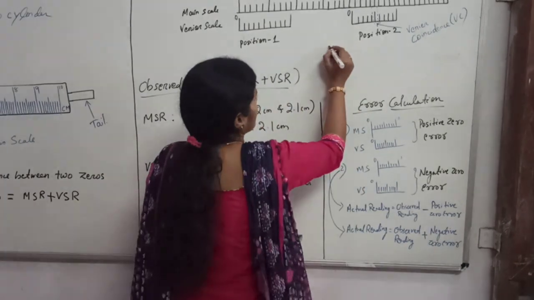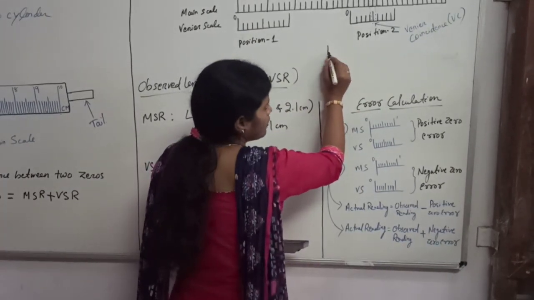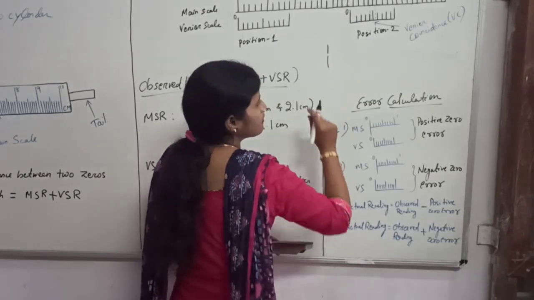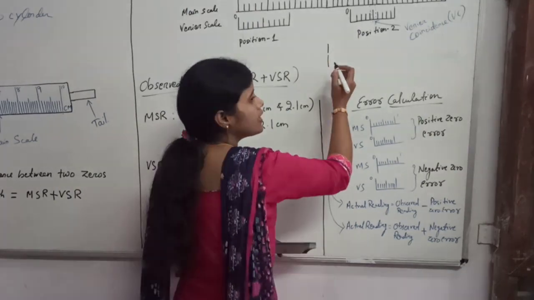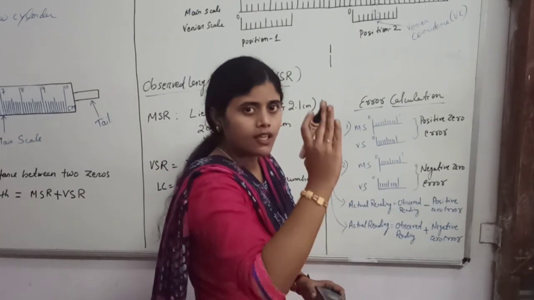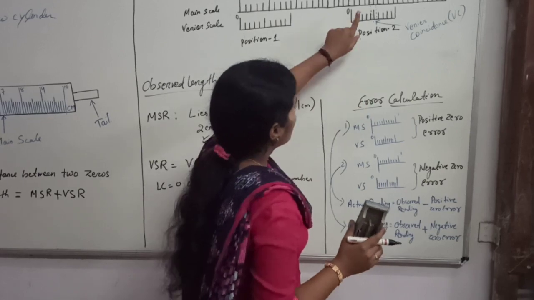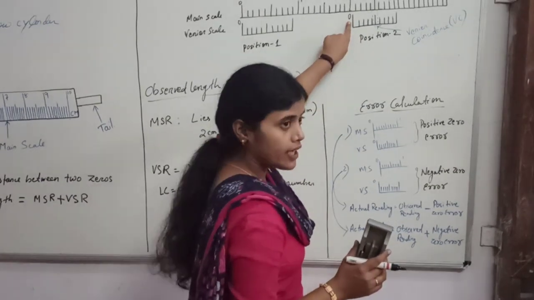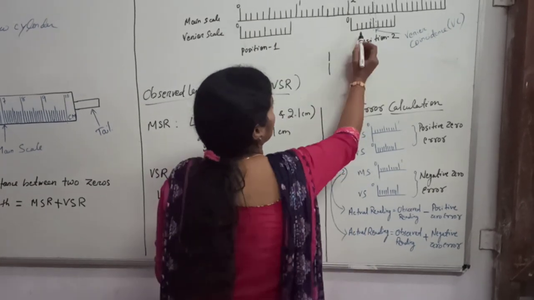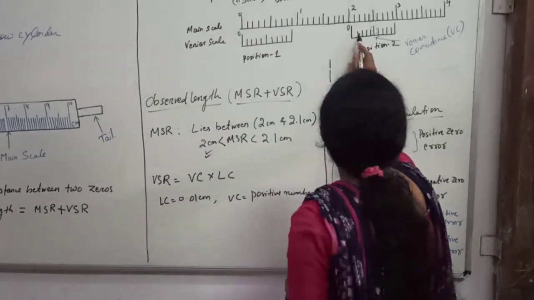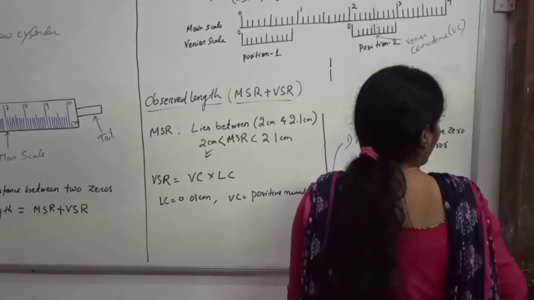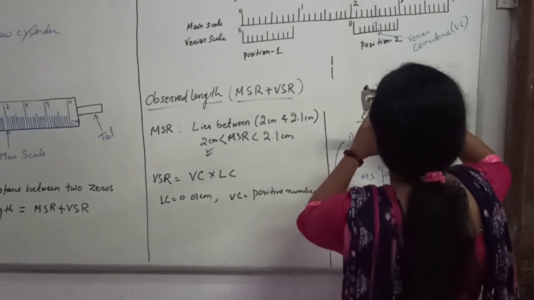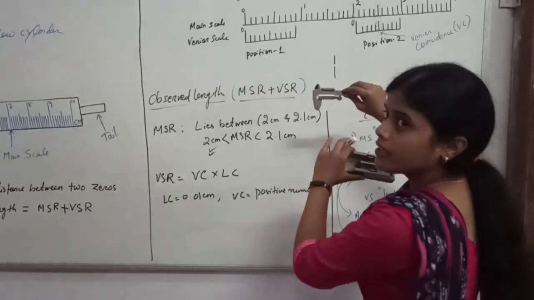Means the line of the main scale will coincide with the line of the vernier scale. That means they are in one single line. Okay. So for VC, the first step is to ignore the zero line. Then one by one you have to check. For that you have to place your vernier scale completely in front of your eye in order to avoid mistakes.